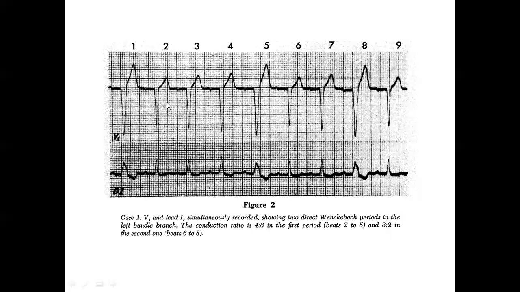Same authors are claiming that normal, slightly left bundle, slightly more, complete left bundle branch block. So they are claiming that this is how many ratio? 3 to 2? No.